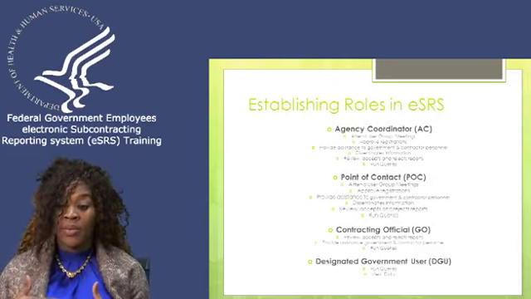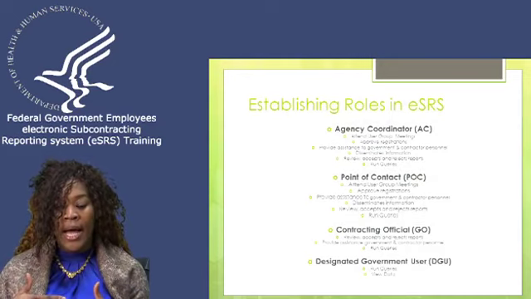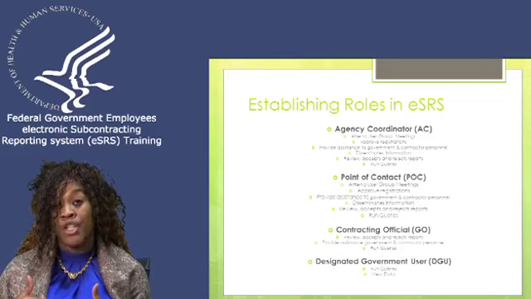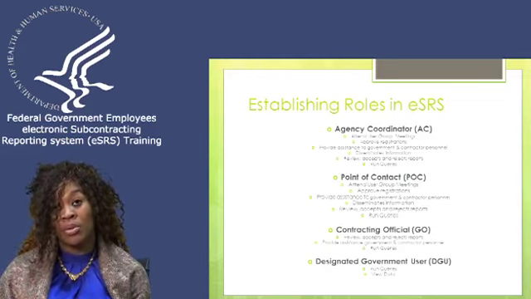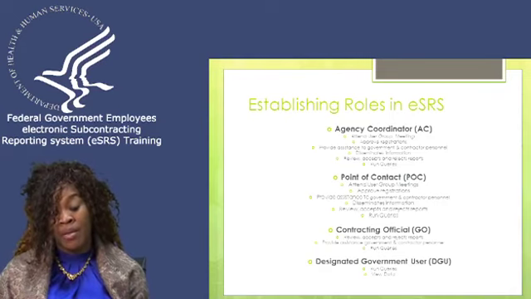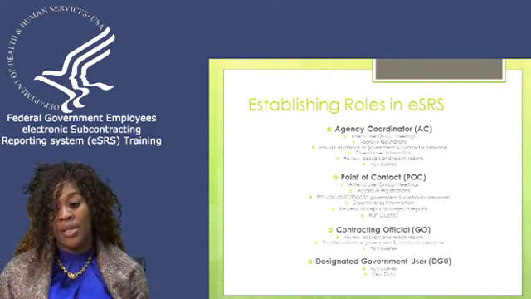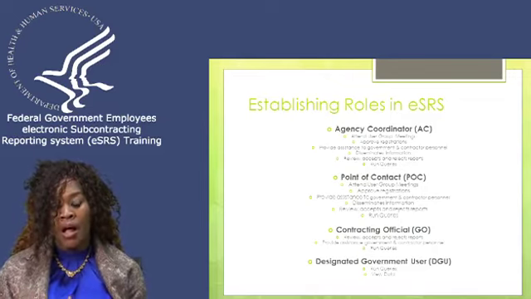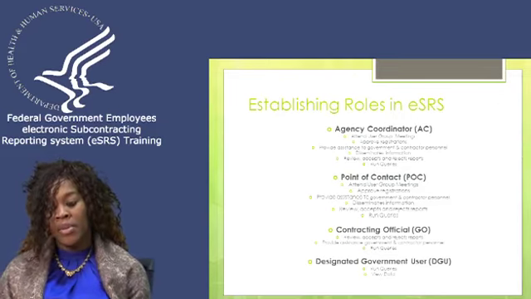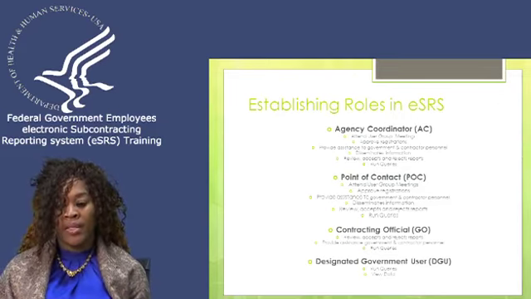In eSRS, we have established roles. In order for you to view the subcontracting reports you are responsible for reviewing, it is very important that you, one, register in eSRS and then be assigned the right role. Agency coordinators at your agency are responsible for attending the CCB meetings with the Integrated Acquisition Environment.